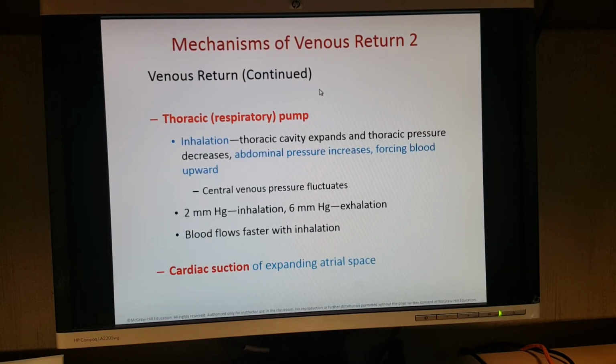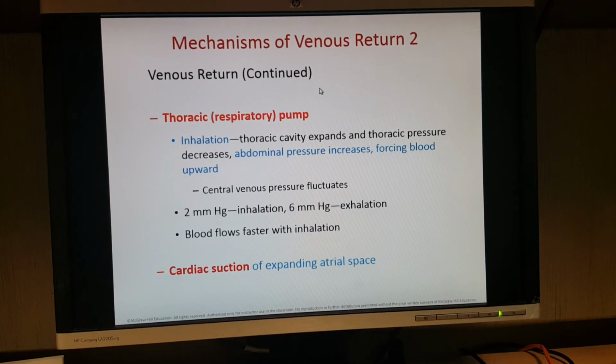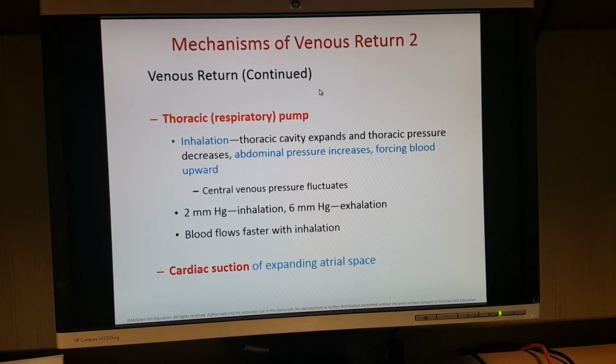The last two methods of venous return: you have your thoracic or respiratory pump. When you inhale or breathe in, your thoracic cavity expands, which drops the pressure inside your lungs since their volume increases, causing air to go from high pressure outside your lungs to lower pressure inside the lungs.